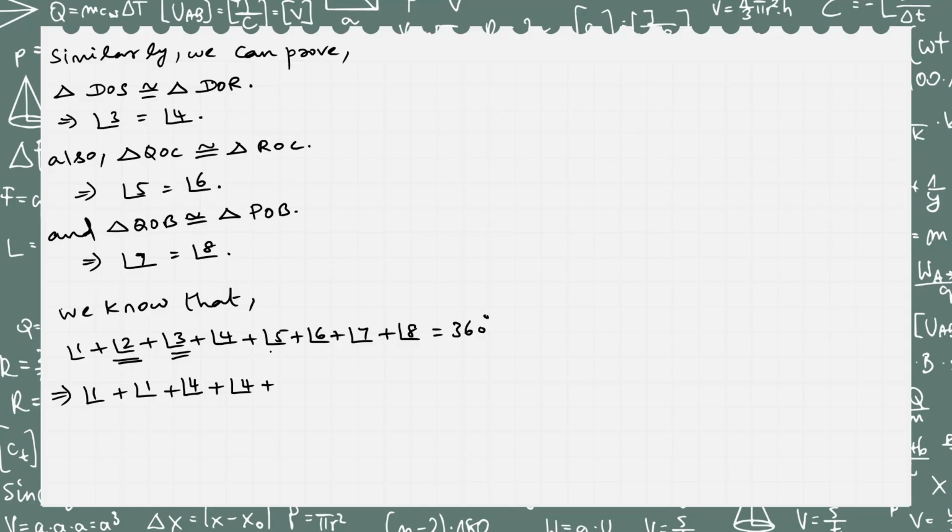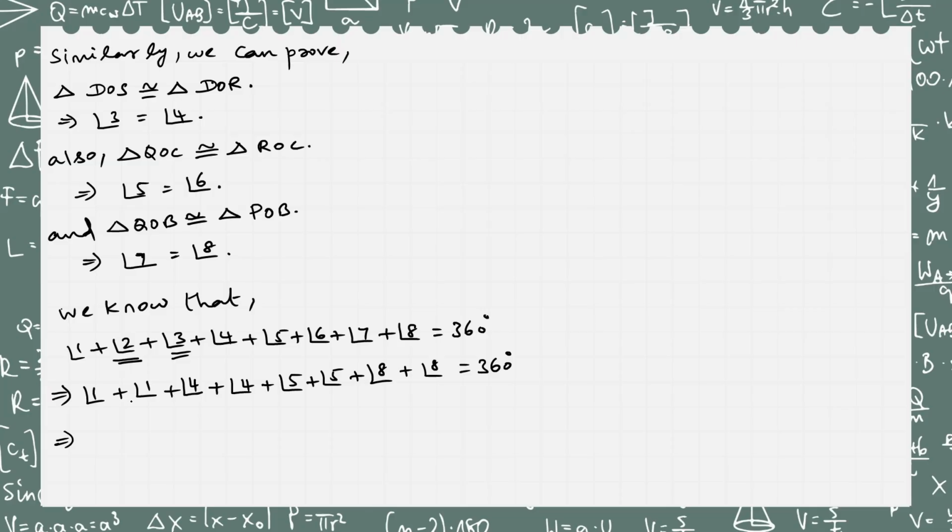Same way, in the next pair, we are going to keep angle 5 as it is, and angle 6 is also equal to angle 5. So we are going to replace 6 with the angle 5. Same way, 7 and 8, we are going to keep angle 8 as it is. Angle 7 we are going to replace with angle 8 because 7 and 8 are both equal to each other. So this total is already equal to 360 degree.